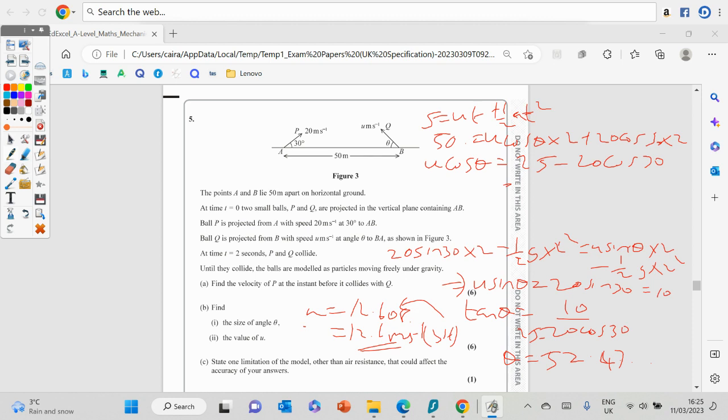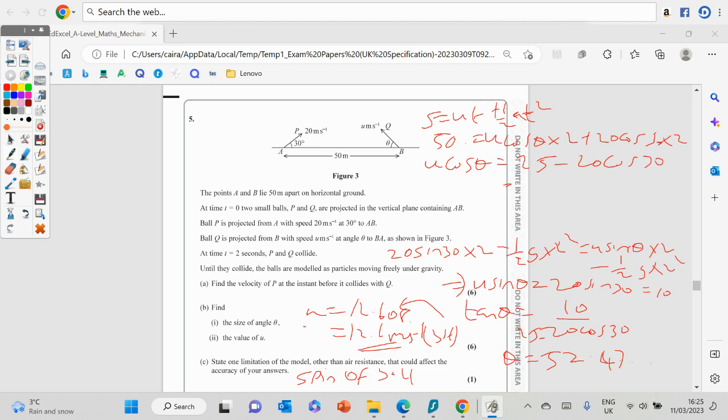State one limitation of the model other than air resistance that could affect the accuracy of your answers. So I always go for spin on these because I think spin is one of the easiest ones that you can think of. Wind is also not a bad shout if it will blow it off course. That would also have an effect.